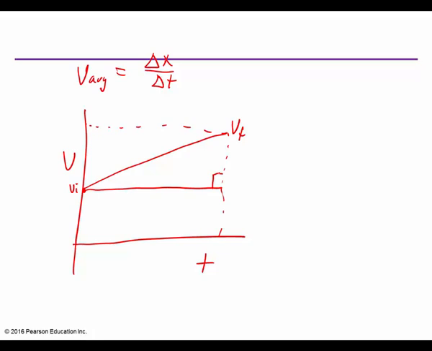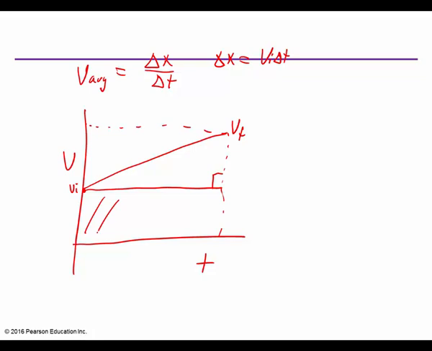Well, if you recall from this formula right here, if we solve for displacement, change in displacement is equal to the velocity, and yes, it can be average times the change in time, or just velocity times time. Okay, and we'll use initial just for the sake of argument, because here's our initial velocity.